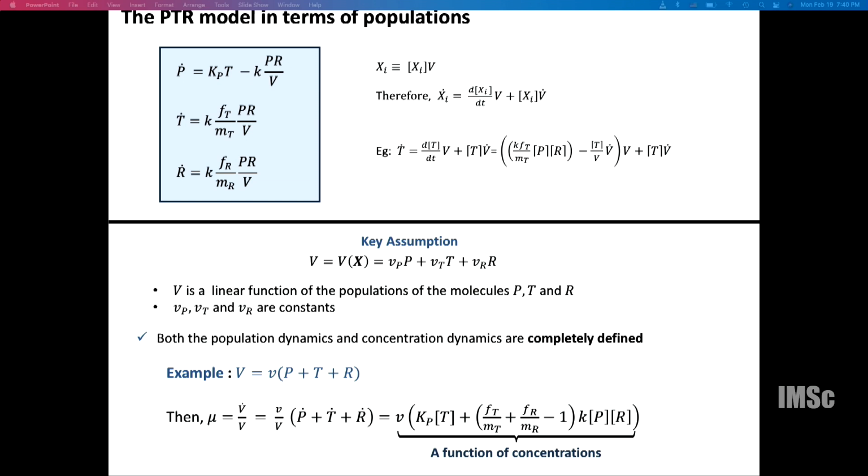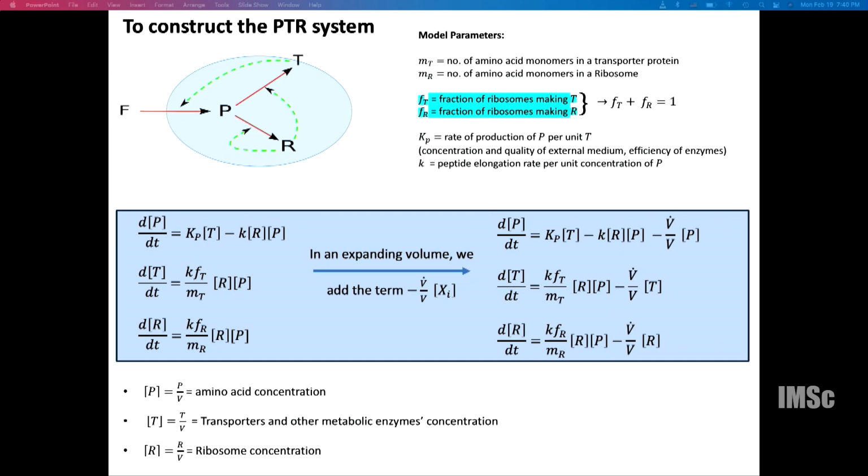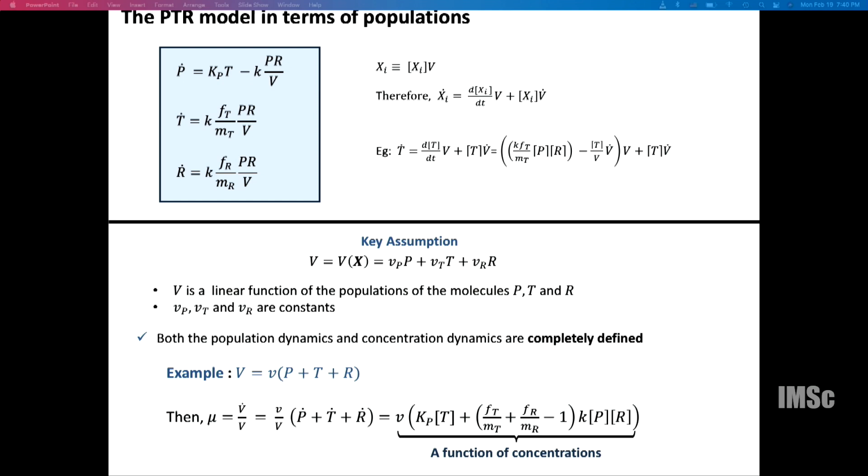But P dot, T dot, and R dot I know from these equations, and when I substitute these equations in this expression for V dot by V, they get converted into concentrations. So this quantity, which was not known in my concentration dynamics, which was not fully specified, also gets fully specified now, because V dot by V gets specified as a function of the concentrations.